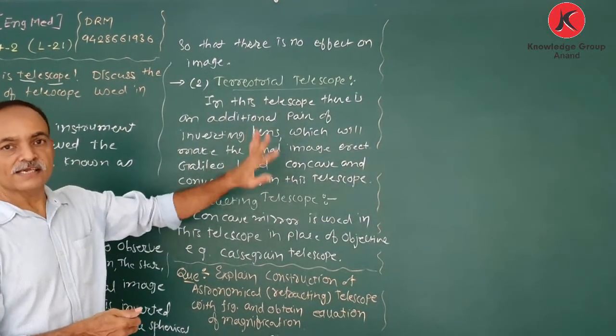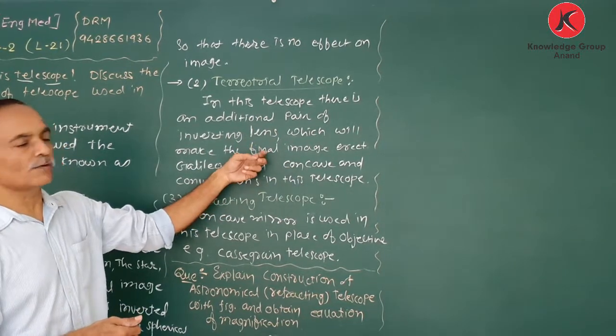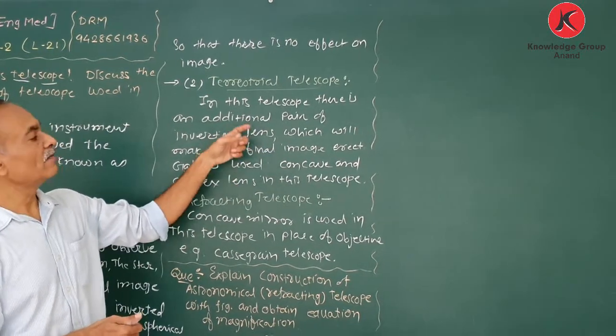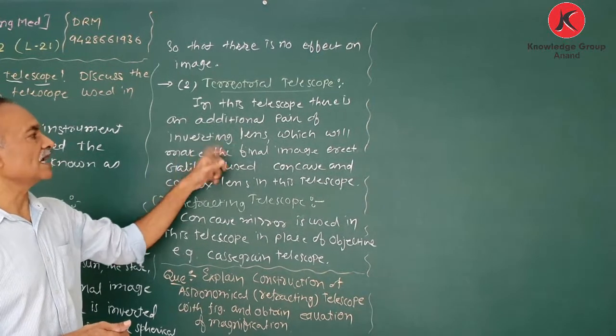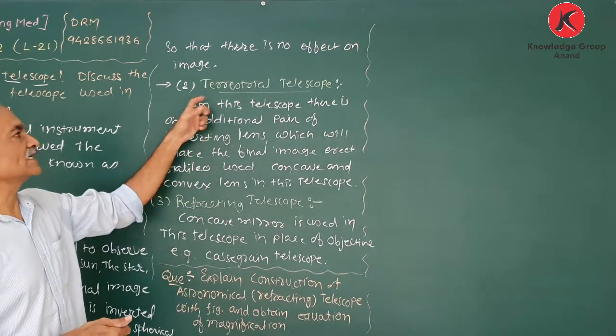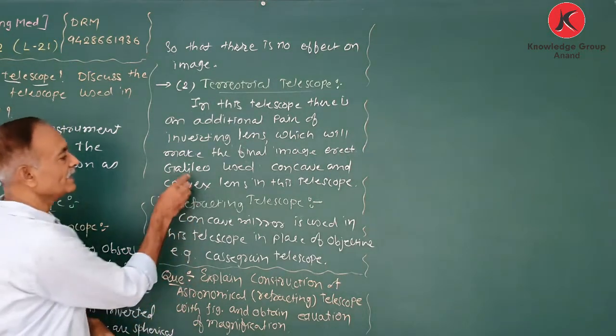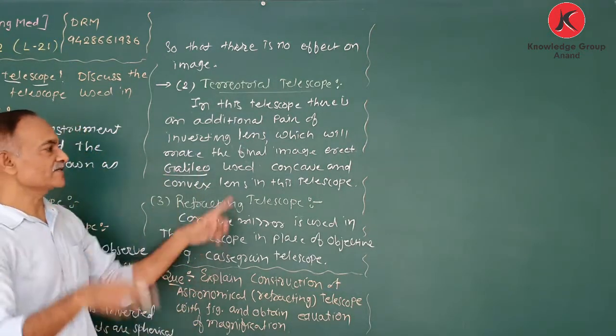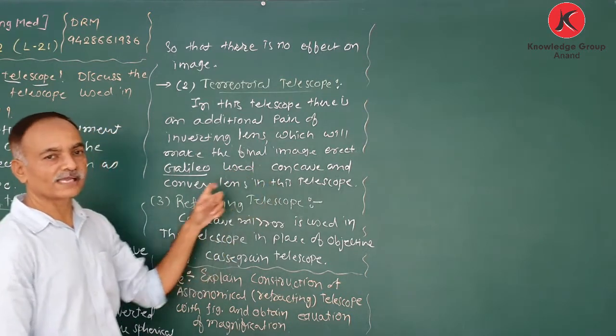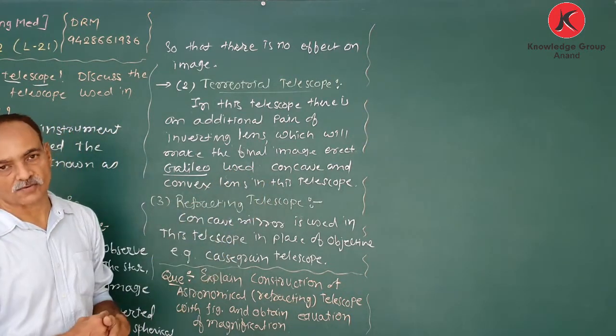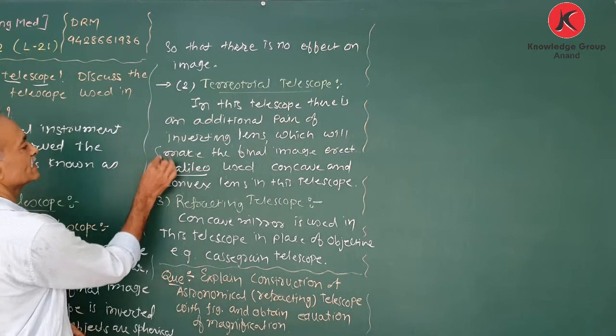To invert this image again, that means to obtain an erect image, one more pair of lenses is used. So this telescope is known as the terrestrial telescope. Now, Galileo first used a pair of concave and convex lenses in this telescope. So keep in mind, an objective question is asked here.